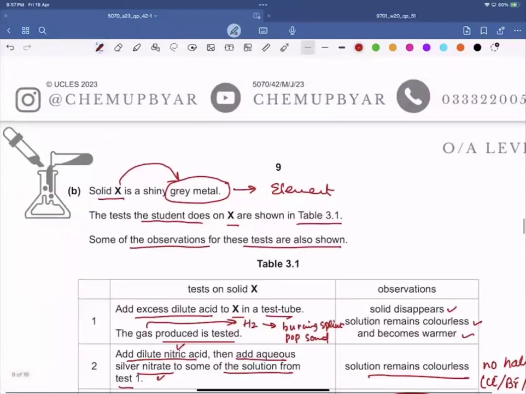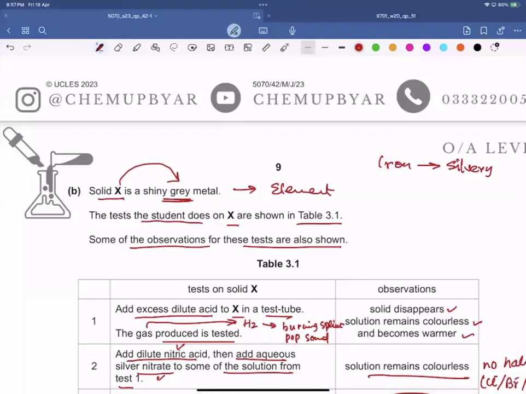Because see, what is the color of the metal? Gray. And if you recall, iron is not gray, basically. Iron's color is silvery. But zinc and magnesium have a gray color.